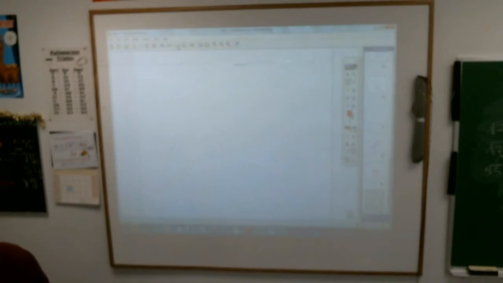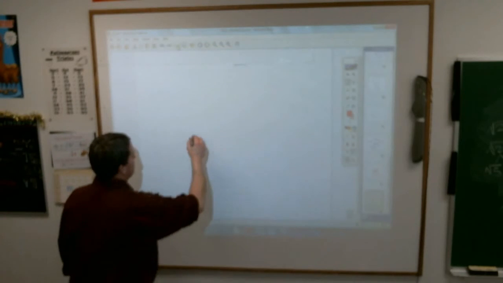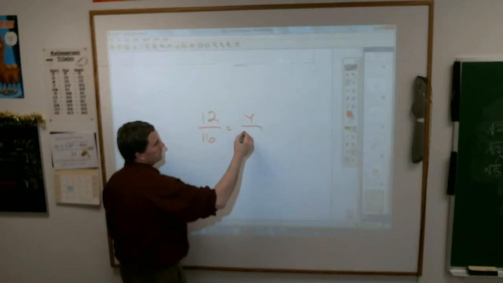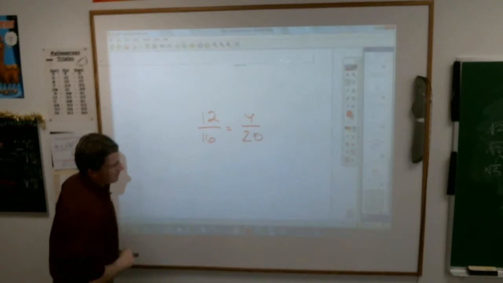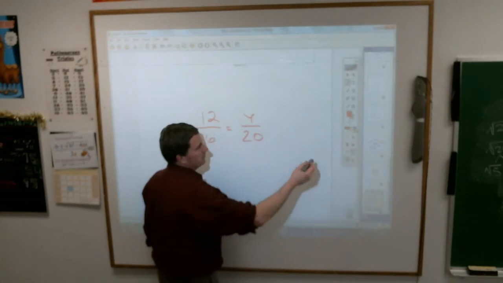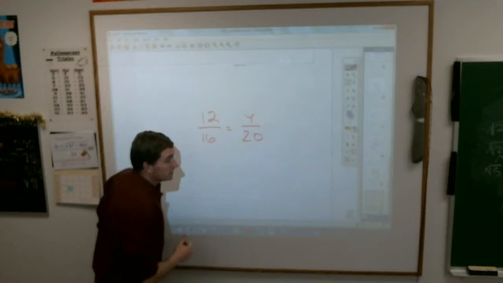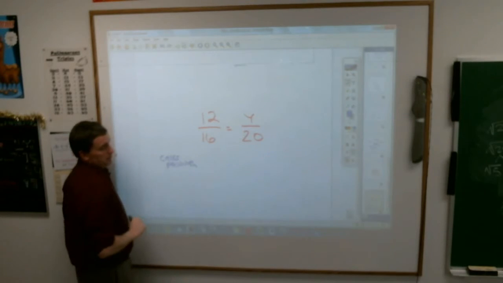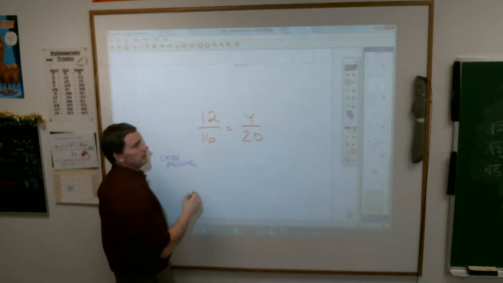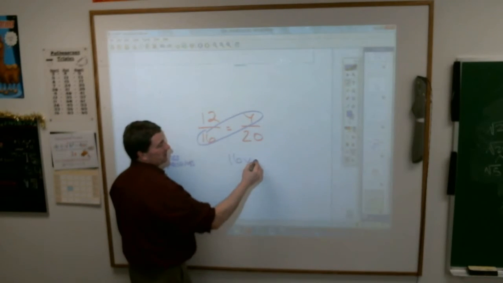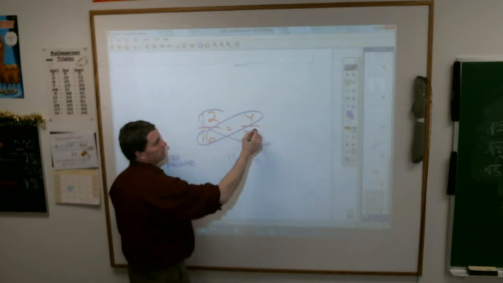What about 12 over 16 equals y over 20? 12 over 16 equals what number over 20? Again, how do you go from 16 to 20? You can't really. And if you can't, then you need to use cross products, or cross multiplying, either way you want to say it. So you take this times this, 16 times what number equals 12 times 20?